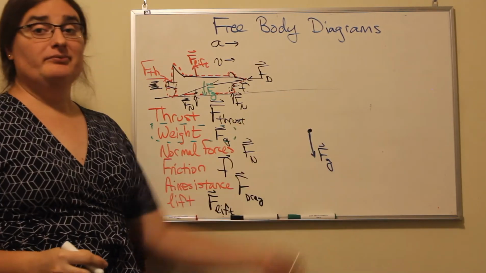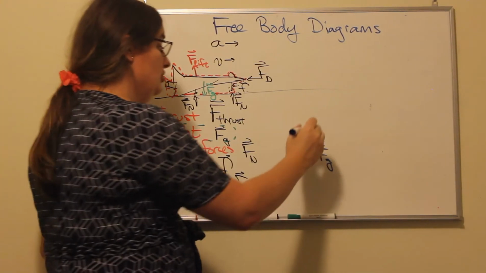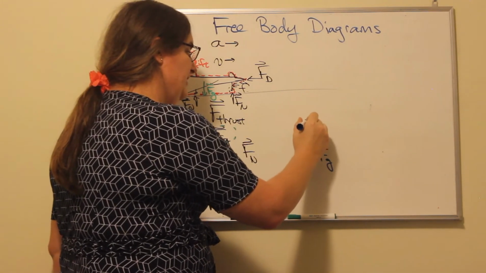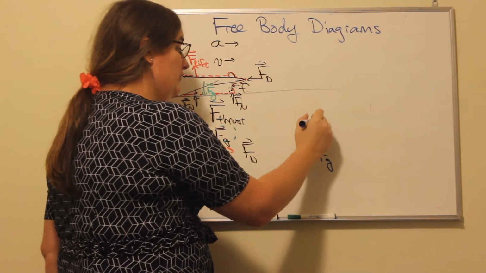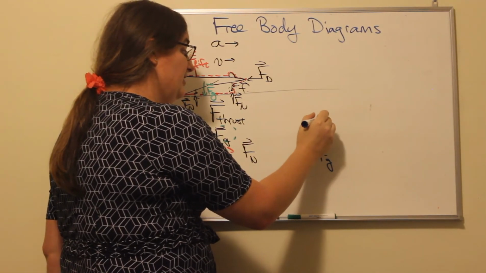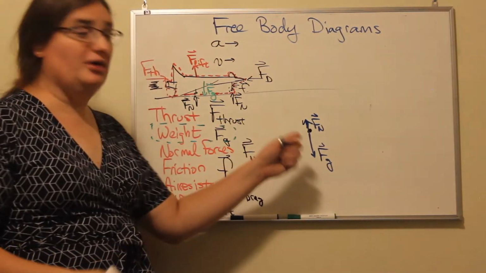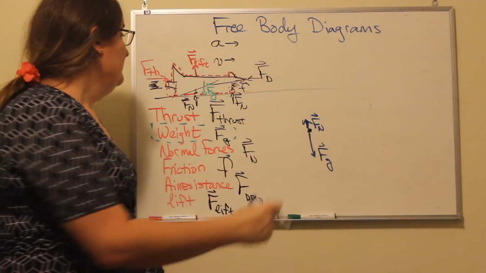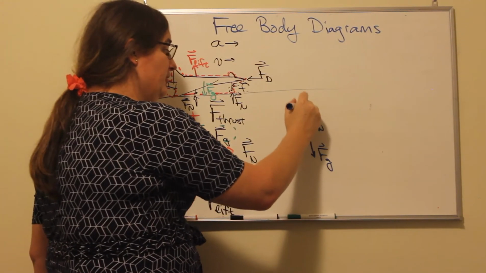So my weight is acting straight down. My normal force, I'm not going to draw the fact that there are two, because there are two wheels here in my picture. I'm just going to assume that there's some normal force that's up. The other force that's up is lift.